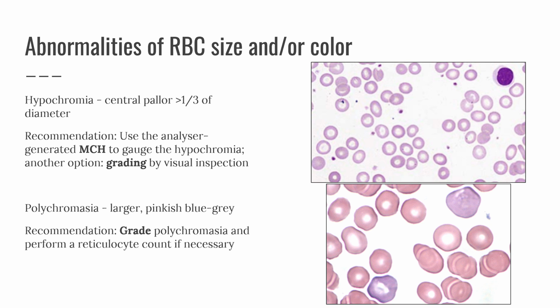Another option is to grade the hypochromia visually. Polychromatophilic or polychromatic RBCs are immature RBCs that are larger than normal with a pinkish blue-gray appearance due to the residual ribosomal RNA. The recommendation is to grade the polychromasia and to perform a reticulocyte count if necessary.